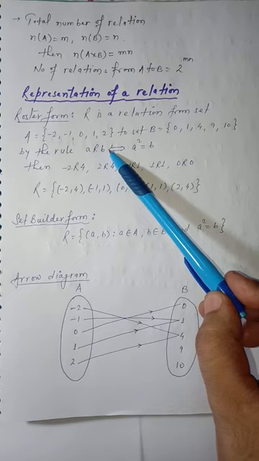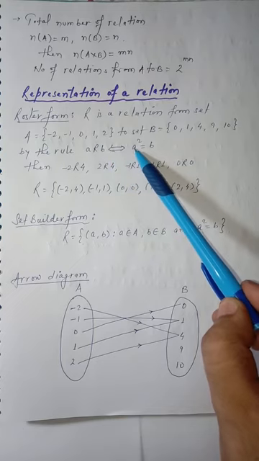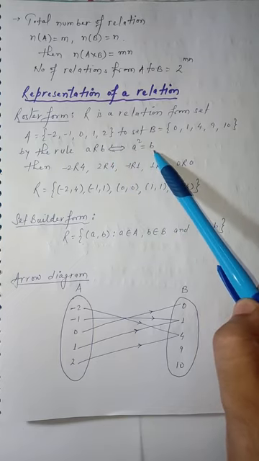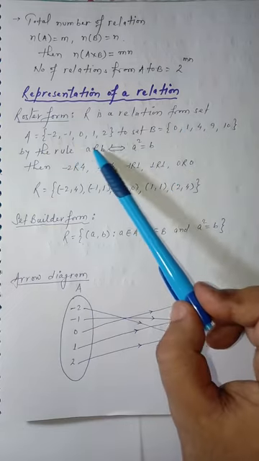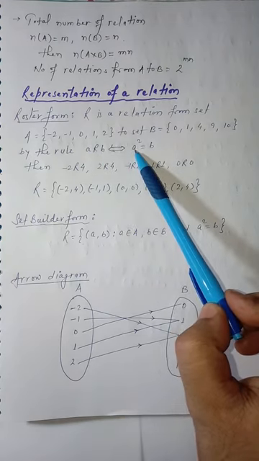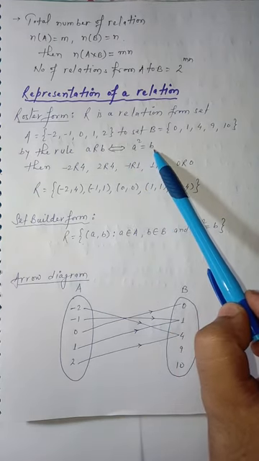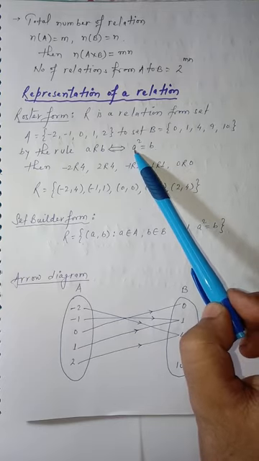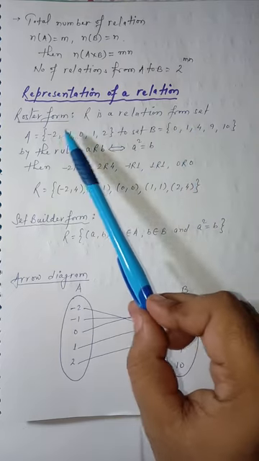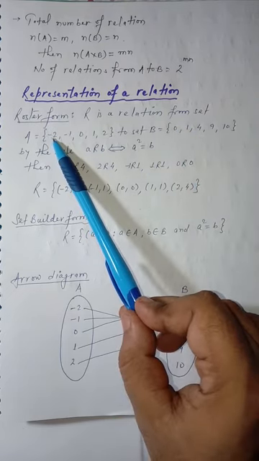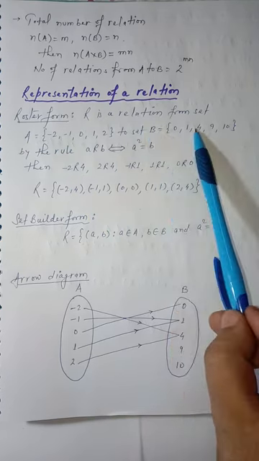Then we can say, if a square is equal to b, it means this relation is from set A to B. So this a must belong to set A and b must be from set B. So means we have to square the element of set A and we have to check whether it is present in set B or not. It means -2 square is 4 and this 4 is here.